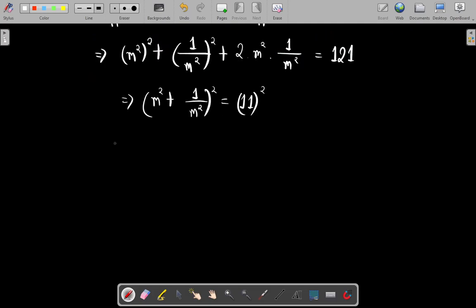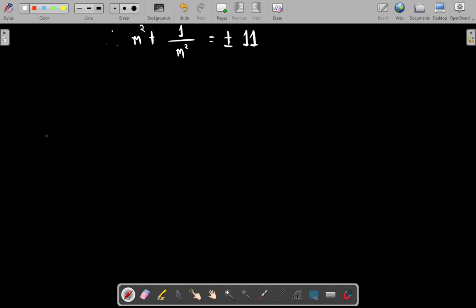If I take the square root on both sides, we will get m square plus 1 upon m square equal to plus minus 11. Again, from this equation, if I subtract 2 from both sides, m square plus 1 upon m square minus 2 will be plus minus 11 minus 2. My target is the same: I want to make the left hand side a whole square again.